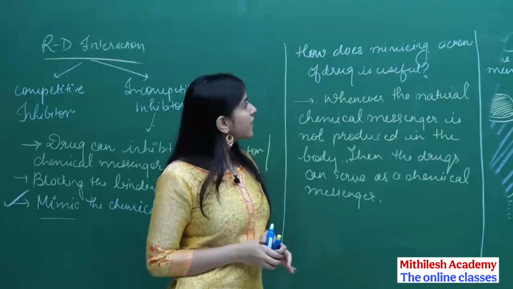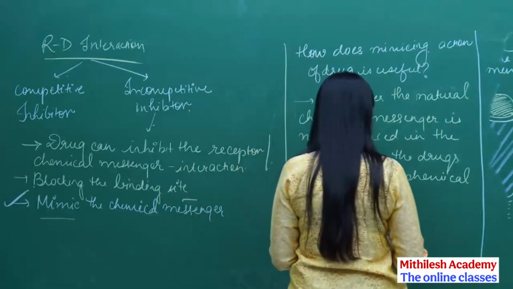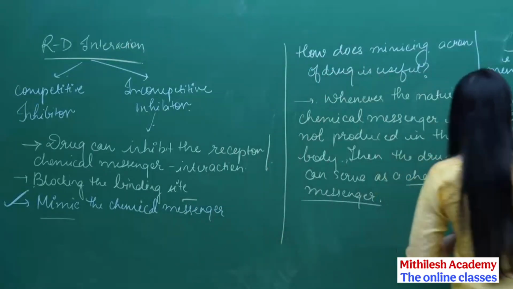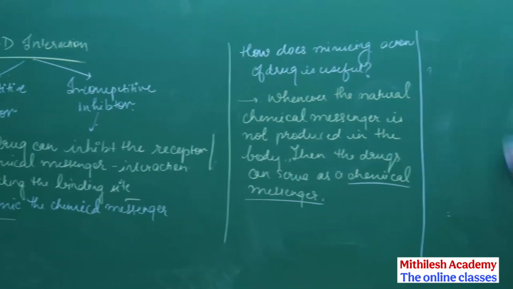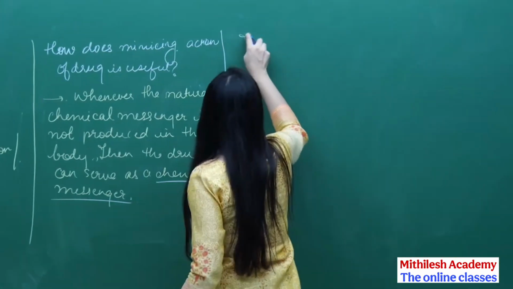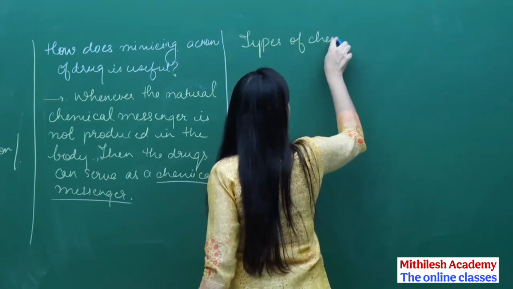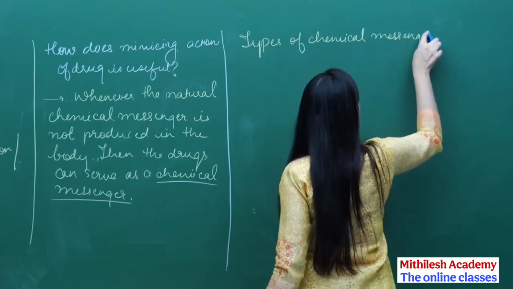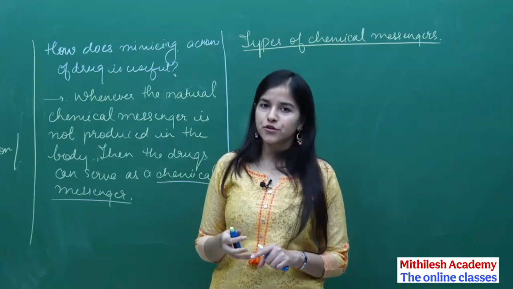Let us just now have an idea what kind of chemical messengers are present within our body. So you must be having an idea for that as well. Just for your information I am telling these. So the types of chemical messengers: basically I have got two, hormones and neurotransmitters.